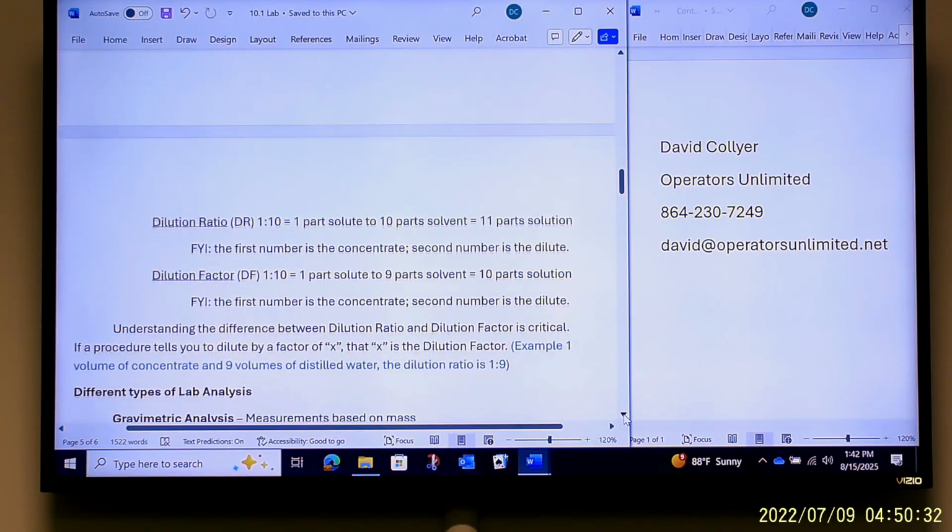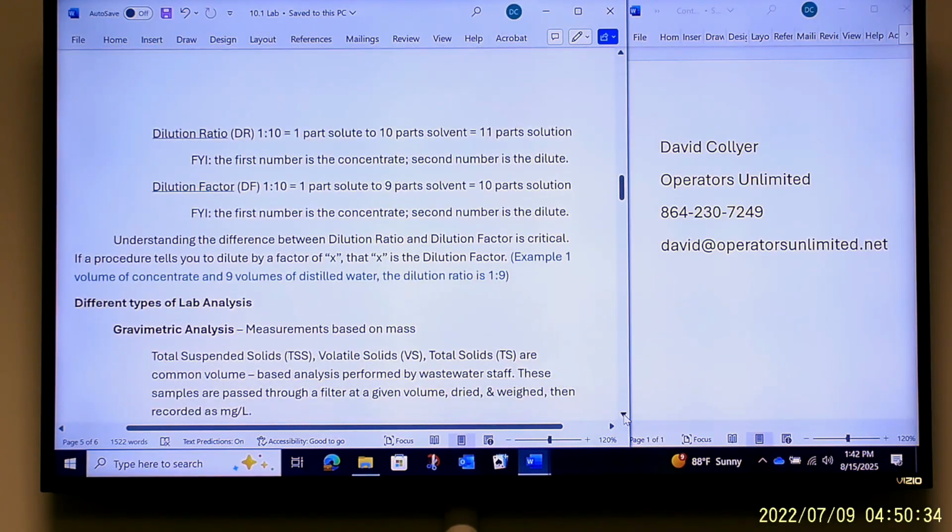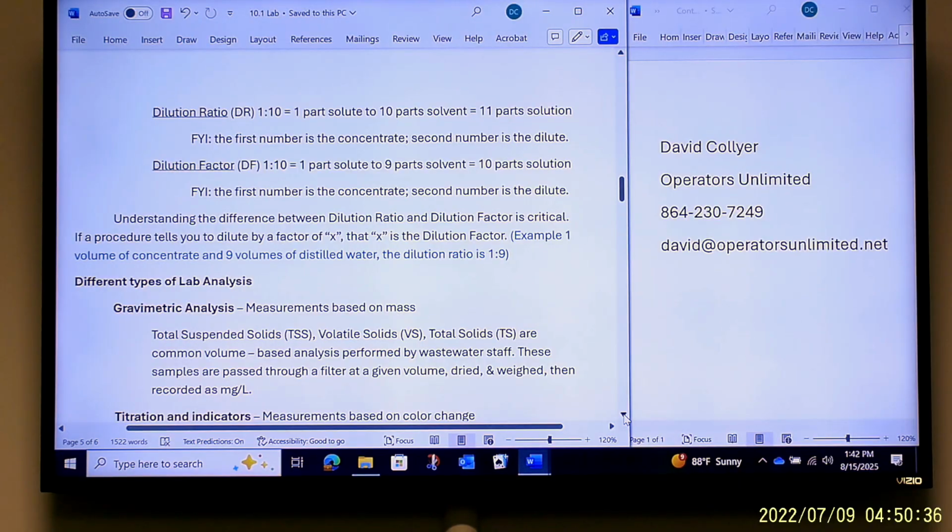You can do dilutions in 2 different ways. You can do a dilution ratio or a dilution factor. So you have to understand the differences here. A dilution ratio is 1 to 10, 1 part solute or your concentrate to 10 parts solvent, which is your water.